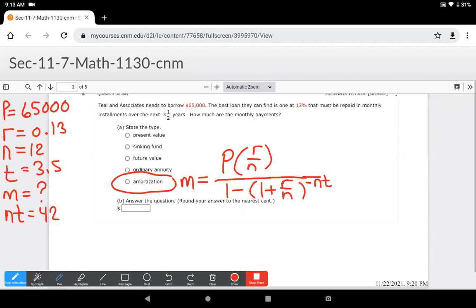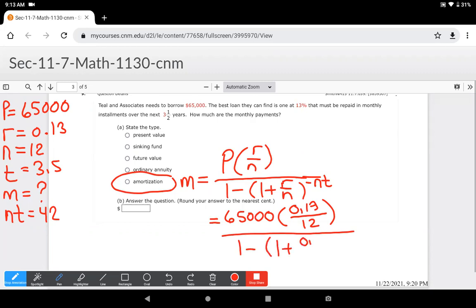Okay, so let's plug and chug. We have 65000 times 0.13 divided by 12. And then that's divided by 1 minus 1 plus 0.13 divided by 12 raised to the negative 42.